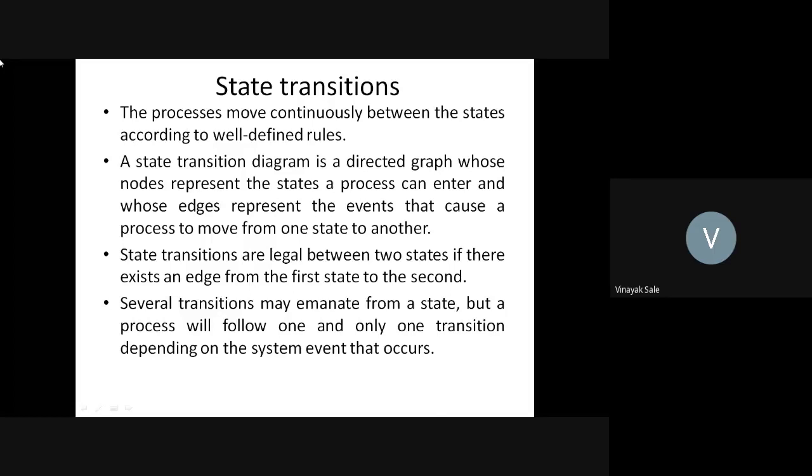State transitions are legal between two states if there exists an edge from the first state to the second. Several transitions may emanate from a state, but a process will follow one and only one transition depending on the system event that occurs.